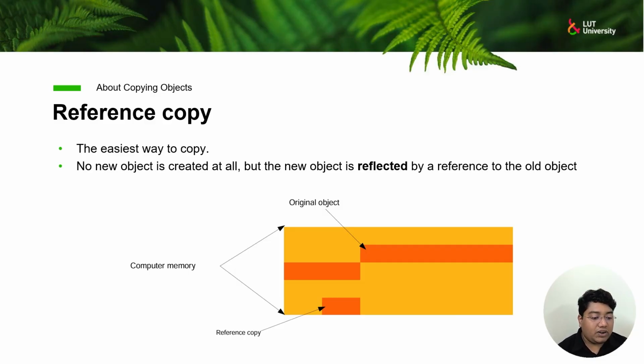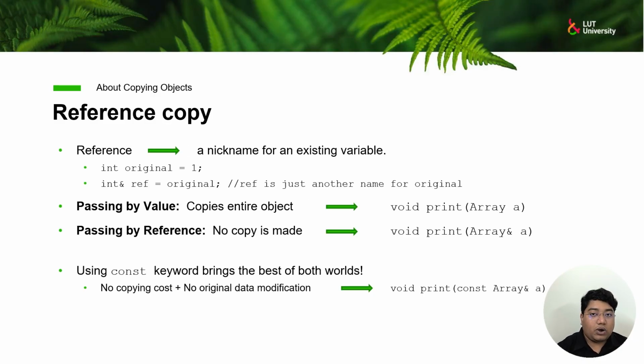So creating a reference is almost free, no memory allocation happens, no constructor runs, no data is duplicated. That's why references are used so heavily in C++. They're fast and they avoid unnecessary copying. The trade-off is that there is still only one object and every reference sees exactly the same state. So here's what that looks like in code.